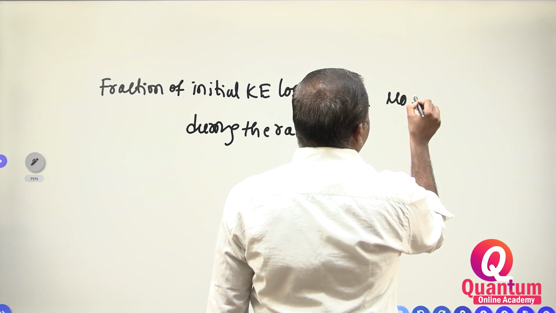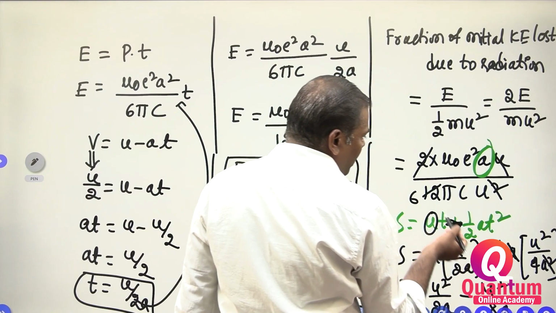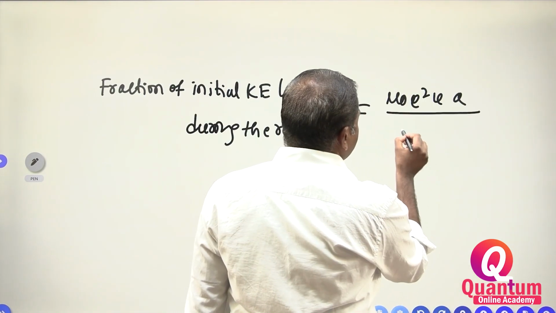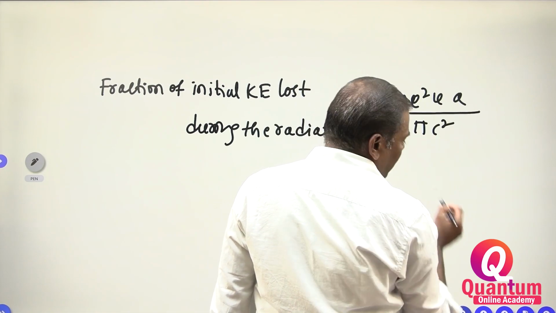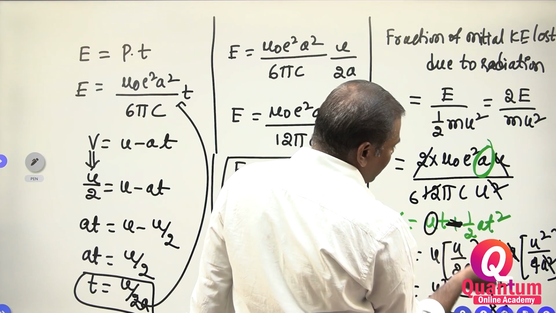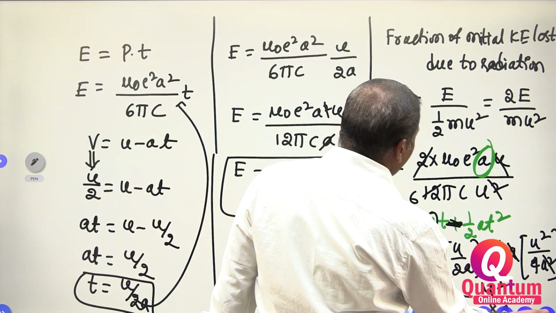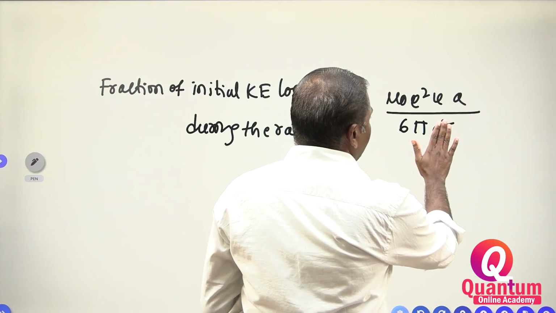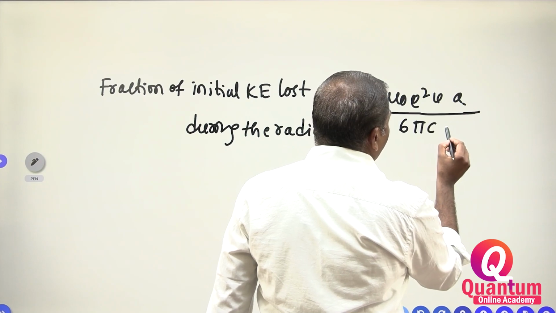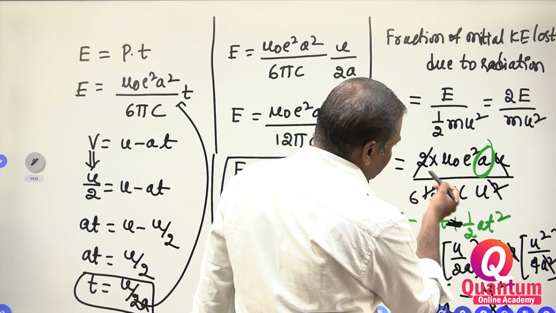Mu naught e squared u into A, divided by 6 pi c squared, into u. 6 pi c into u, and one u gets cancelled now.